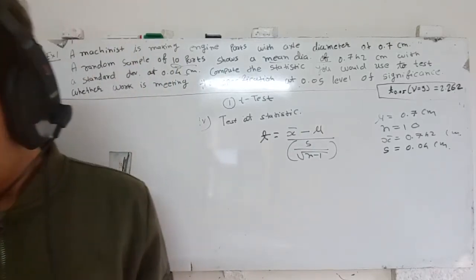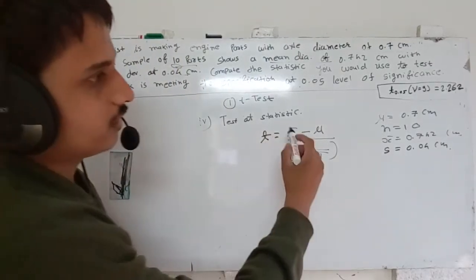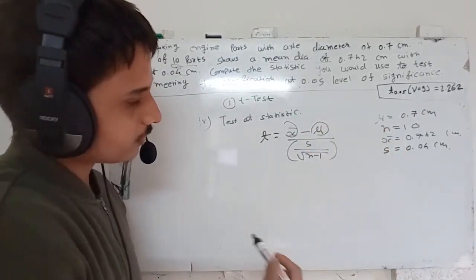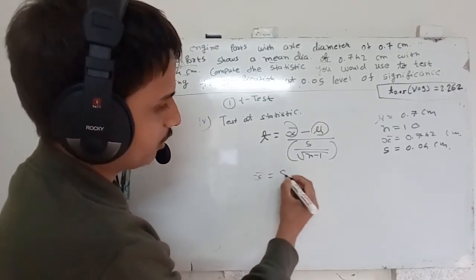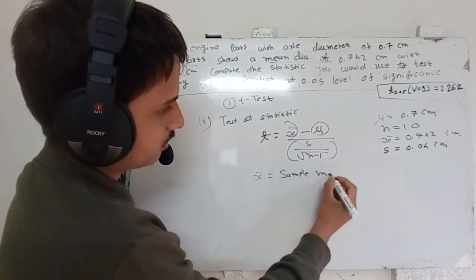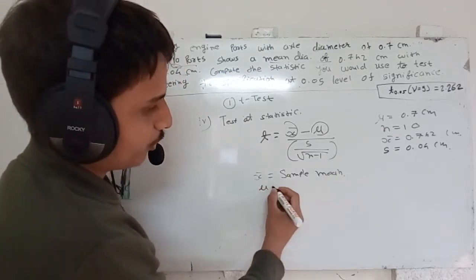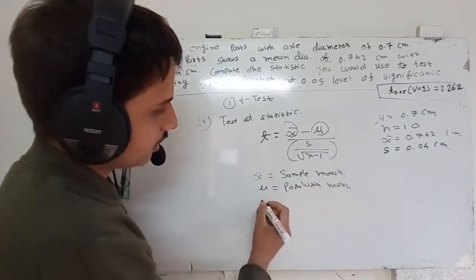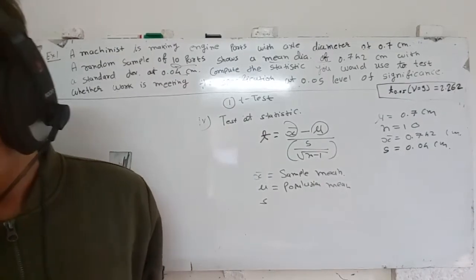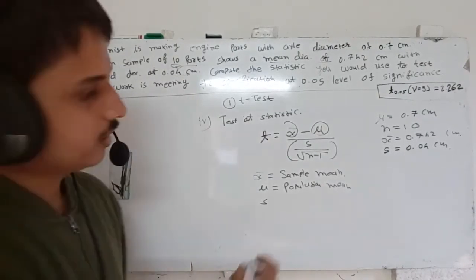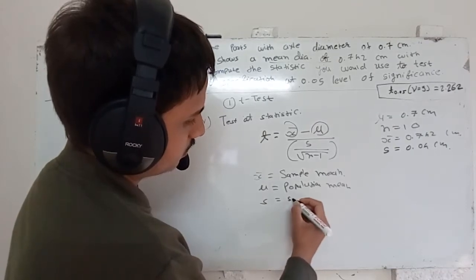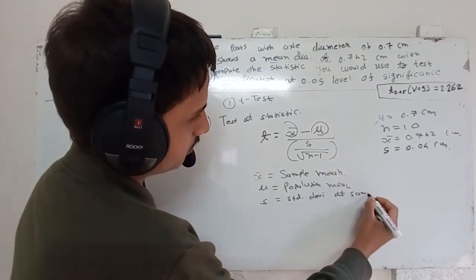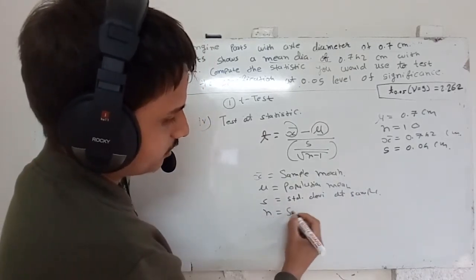Now here, if you see, x bar is mean value for sample, mu is mean value for population. Let me write, x bar is sample mean, mu is population mean, s is standard deviation of sample, n is sample size.